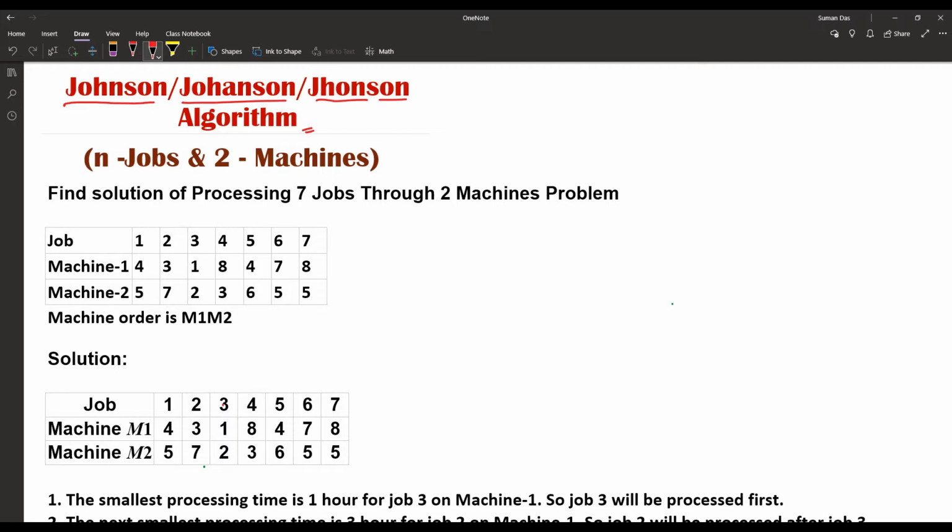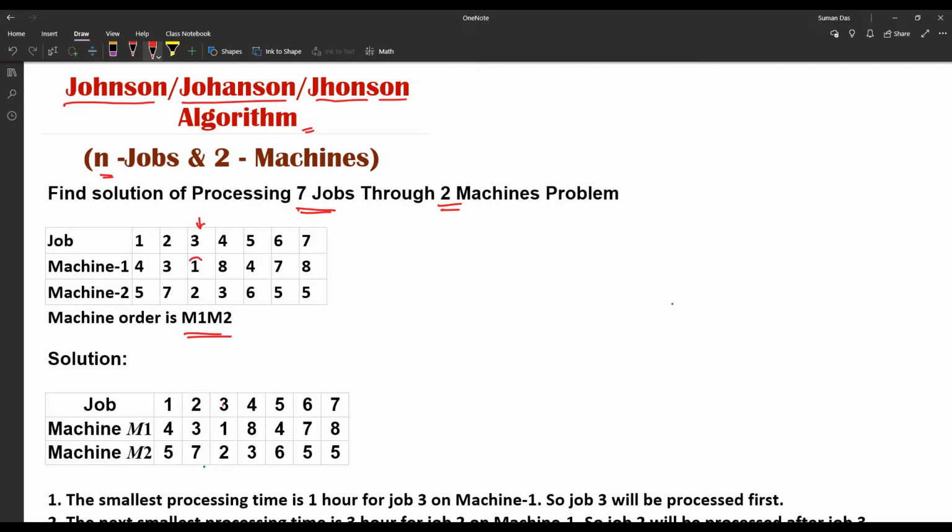So we are starting. According to the problem, there are 7 jobs, that is n finite, and 2 machines. First step, we have to find the minimum processing time from machine 1 and machine 2. Looking at the table, the order is M1 then M2, and the minimum processing time is for job 3, belonging to machine 1.